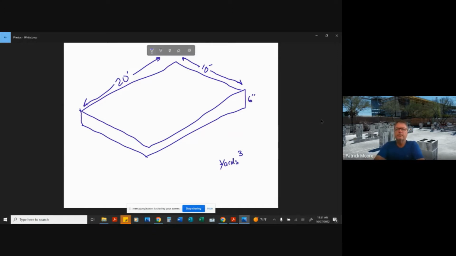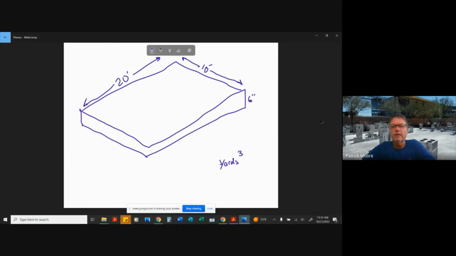So there's basically 3 ways you could do this. You could convert all of these things into yards at the beginning. Inches can be converted to yards, feet can be converted to yards. And then when you're done, everything will be in yards. Then you don't have to do any converting in the end. That's the first way. Second way is you could convert everything into feet, and then you could calculate the cubic feet.